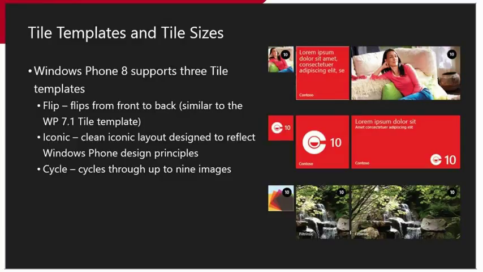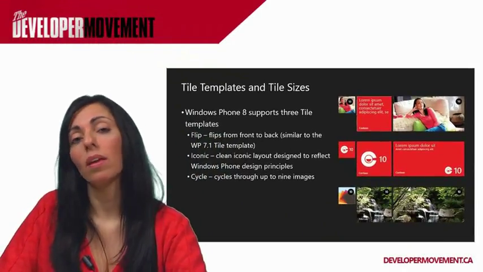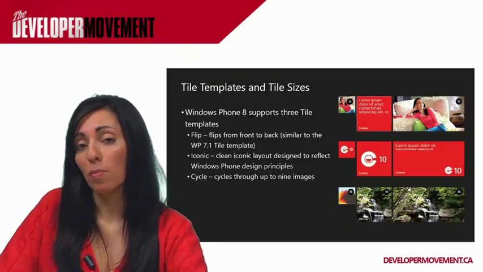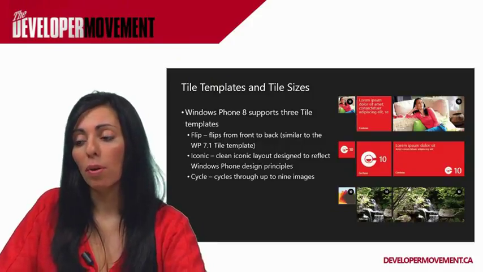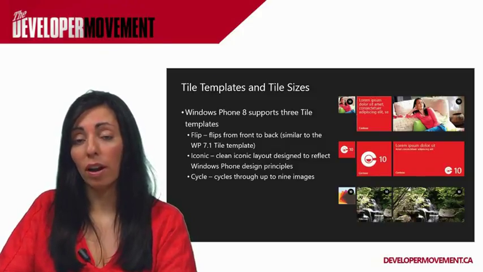Now the small and medium tiles you'll recognize from earlier versions of Windows Phone. The medium tile used to be considered the live tile, which would flip from back to front if you provided a secondary background image for a second tile. You also optionally have the capability to create a wide tile. But note that when you do choose this option, you will need to provide the graphics for it.